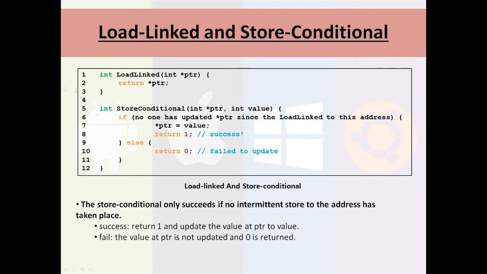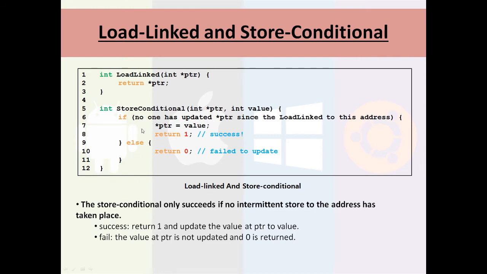And the subsequent store conditional will store a new value only if no updates have occurred to this pointer. So if this function is called directly after load link without any other load link methods being called, then this will be true. So that's slightly confusing.